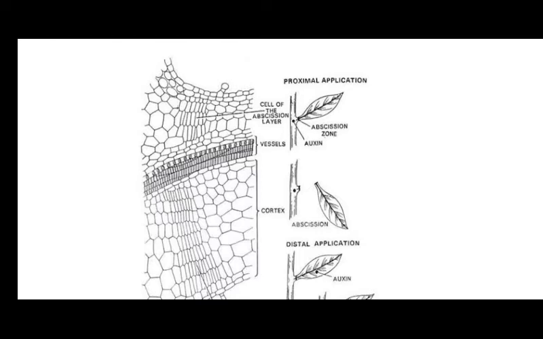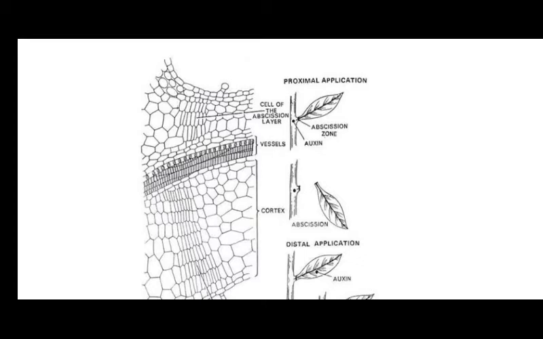That zone is the place from where that particular fruit or leaf is going to break from the main plant and fall to the ground. This happens after the senescence, or the aging, of that part of the plant.